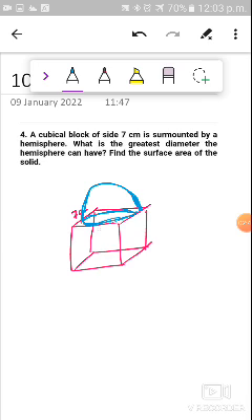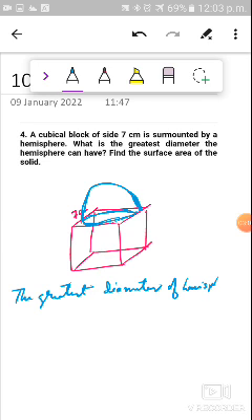So that's why the greatest diameter of the hemisphere will be equal to the side of the cubical block, that is 7 centimeter.